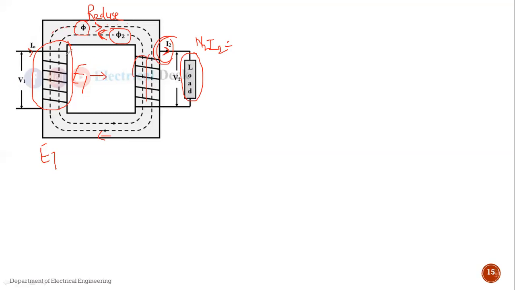Because the induced EMF reduces gradually, to keep the power value the same, P equals V into I, the supply voltage takes the upper hand over the induced EMF. At that situation, it will draw some additional amount of current from the primary.